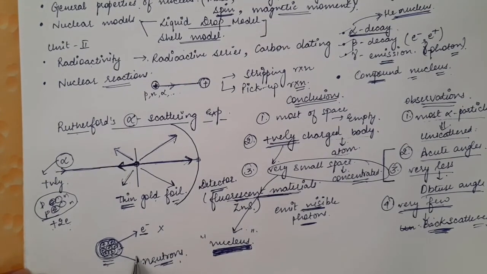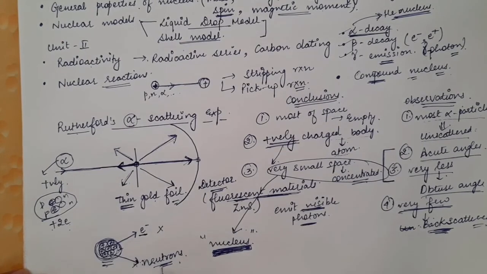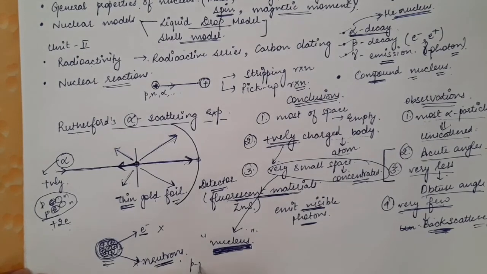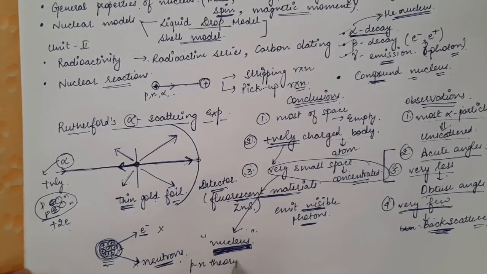And the other theory was that with the protons there are some neutral particles of the same mass as the protons, and this was the proton-neutron theory.